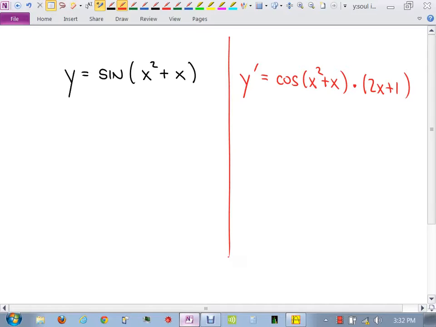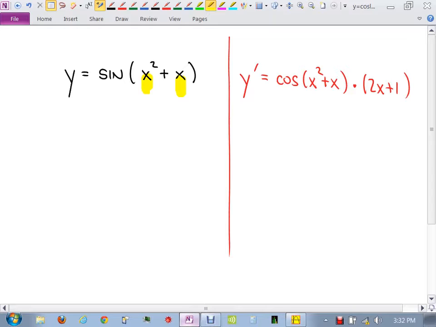Look at your y equals on the left side. If you are the x value, this is like an onion. What's the last thing that happens to you? If I just plug in a value, it would be x squared plus x, whatever that is. So if I plug in 2, it'd be 2 squared plus 2, which would be 6, right?